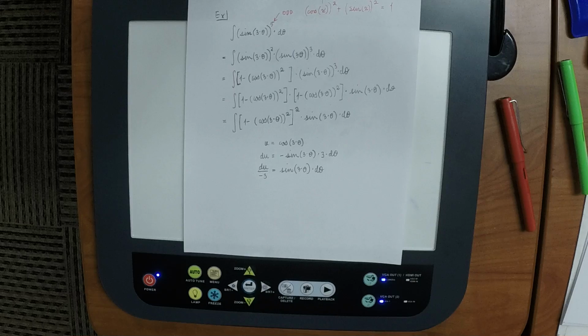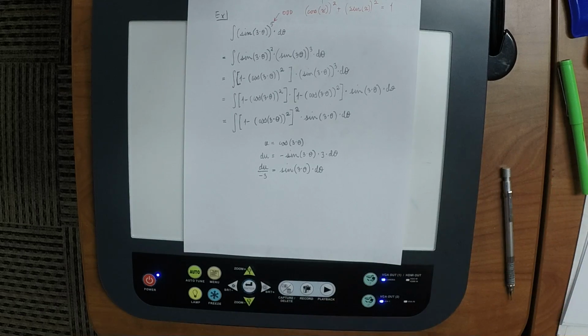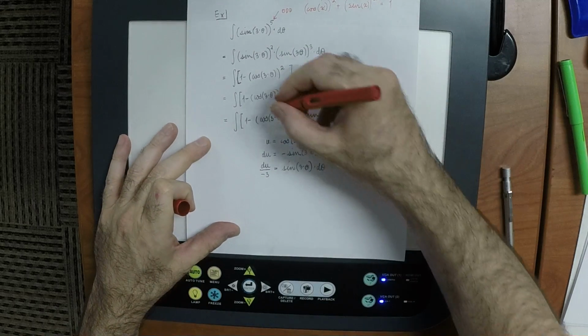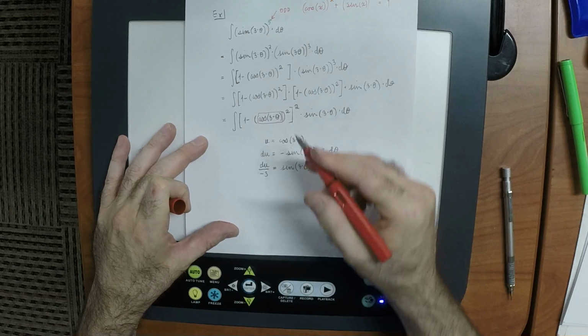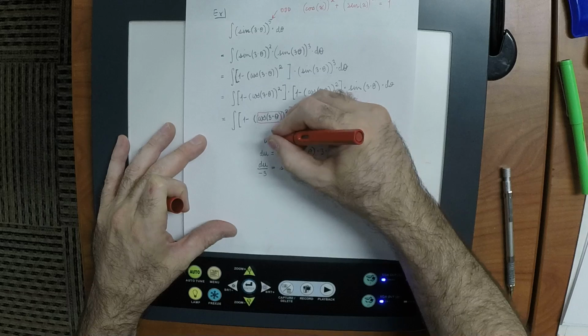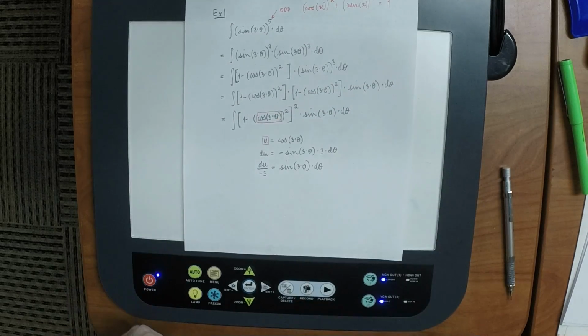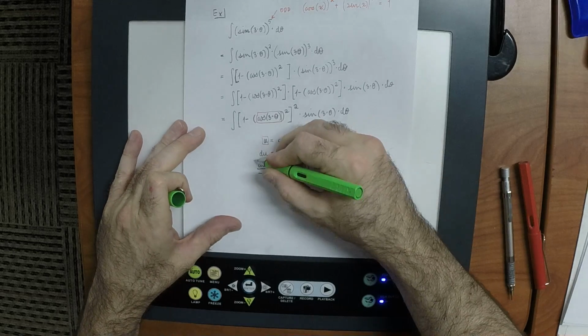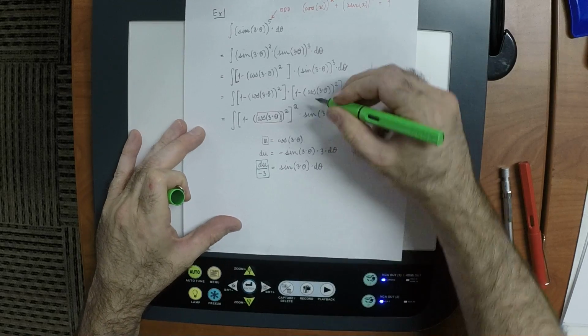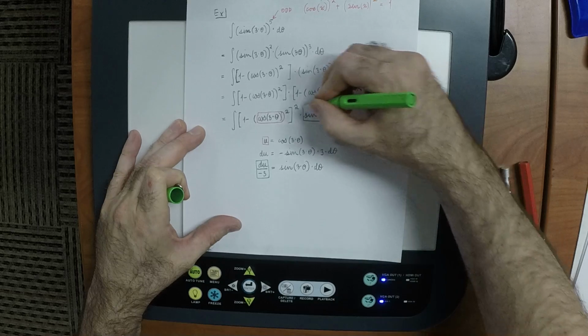Any question about this? So what I'm advocating here is that all of this bit is going to get replaced with that. And similarly, this is going to replace that.